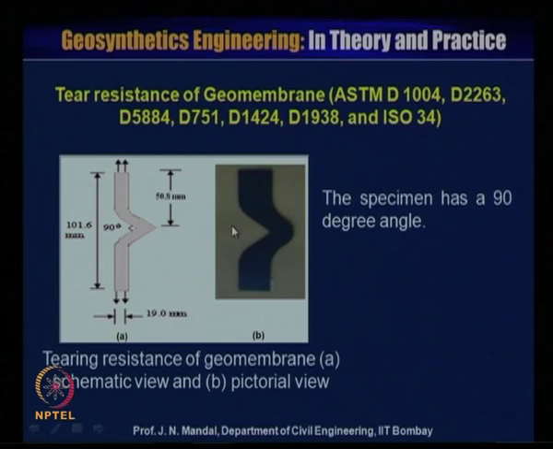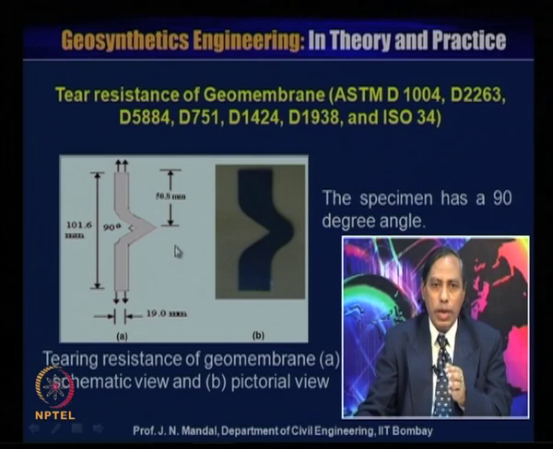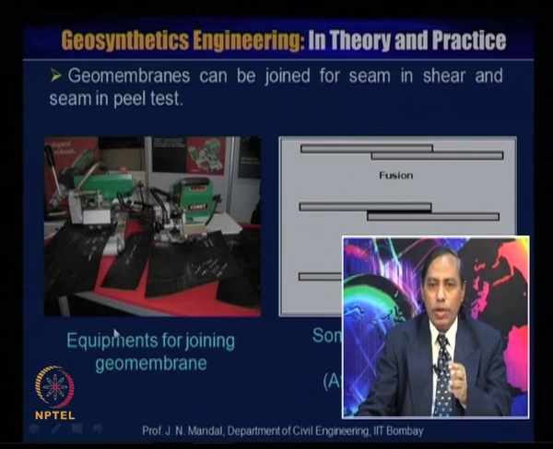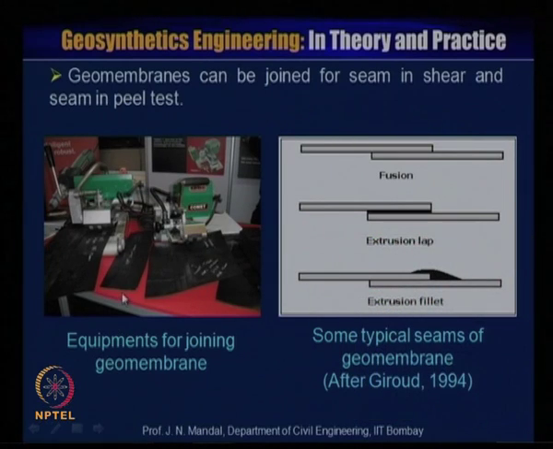This is the geomembrane and this is the 90 degree. This is 101.6 millimeter, this is 50.8 millimeter, and this width is about 19 millimeter. So, you have to put it in a universal testing machine and perform the tear resistance test of geomembrane. This is also important because sometimes it may tear.